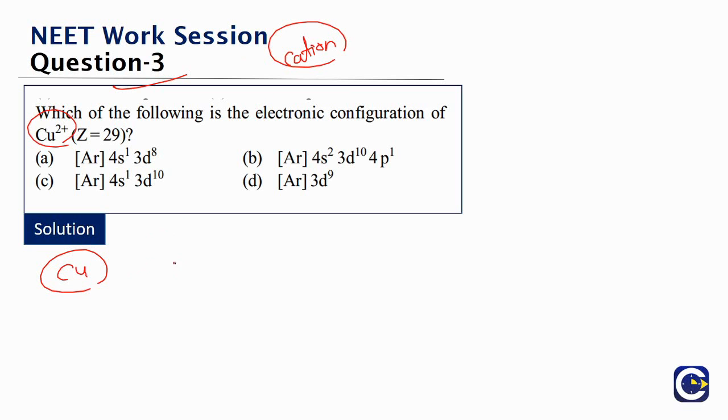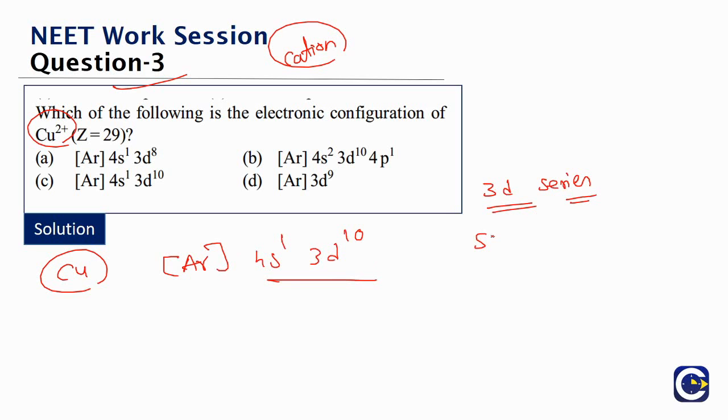So copper will have an abnormal electronic configuration, argon 4s1 3d10, like in the 3d series, right? In periodic classification we will talk about this 3d series. The elements from scandium to zinc, right? So scandium, then titanium, vanadium, chromium, manganese, iron, cobalt, nickel, copper, zinc.